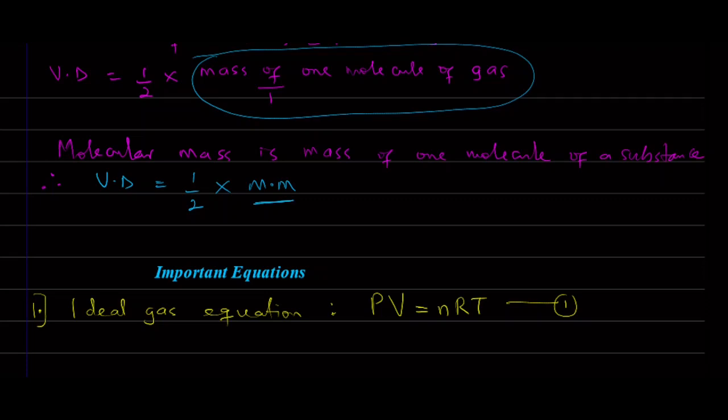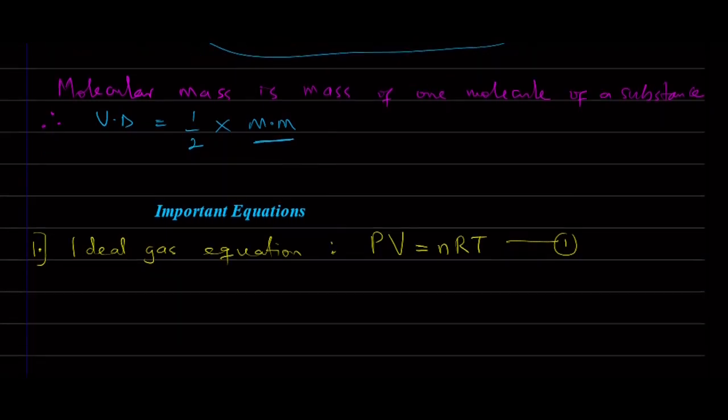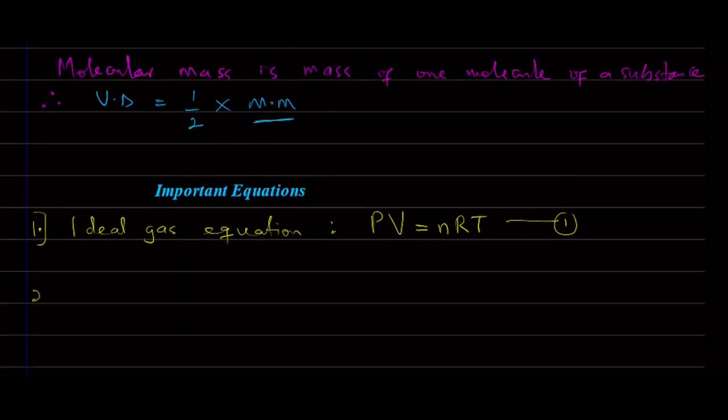The second equation that is important in this topic is number of moles equals mass over molar mass, or molecular mass. Like we have said, once we are able to get the molecular mass of the gas, we can obtain the vapor density. That means the approach is to get the number of moles.